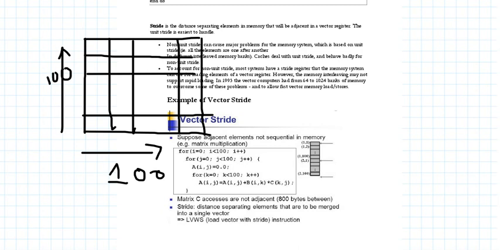So what happens here is that if you look into this matrix, it is actually not accessing the adjacent elements. Just follow me and give it a thought. This C actually is not accessing the adjacent elements in memory, right?